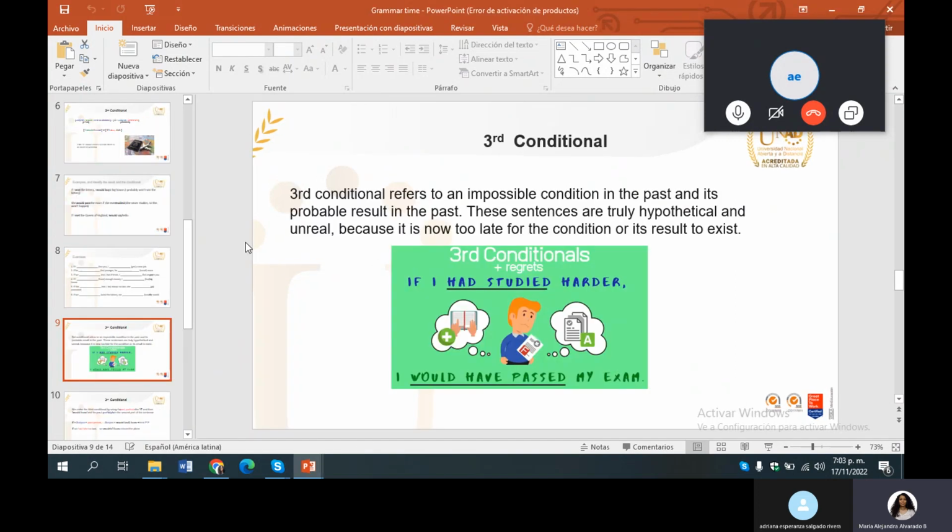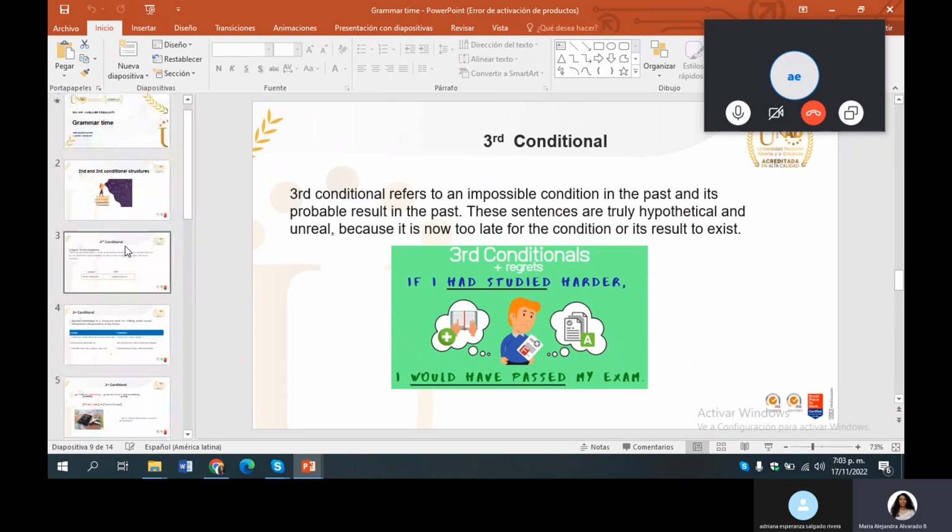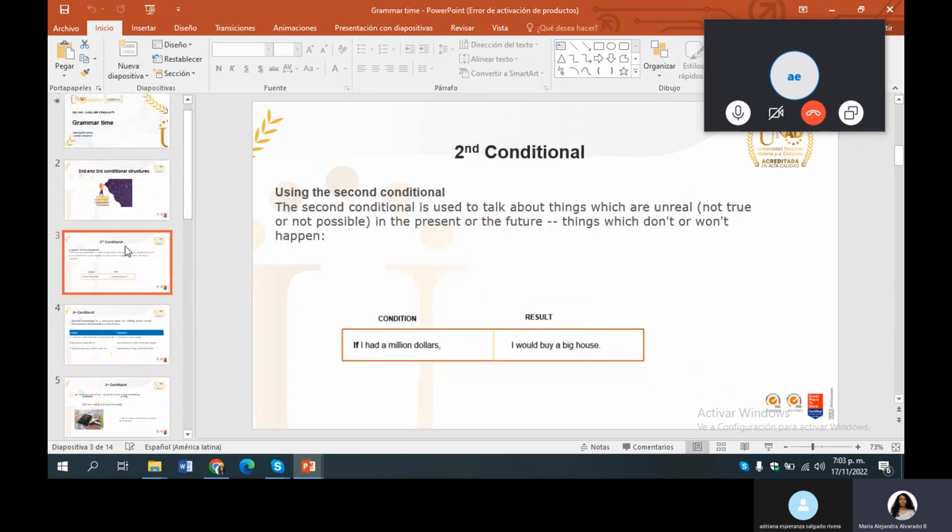All right. So we have the second conditional, and here we have a little sentence which says that we use the second conditional to talk about things which are unreal, not true, or not possible. But we use them when we are talking about the present or future.